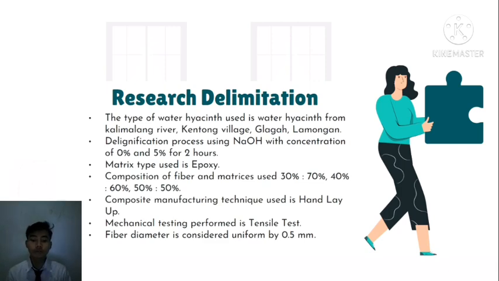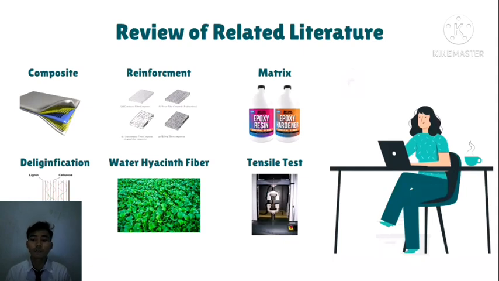Chapter 2, Review of related literature. First, composite. Composite is material composed of two or more main materials where the properties of each material differ from each other in order to obtain better mechanical properties.